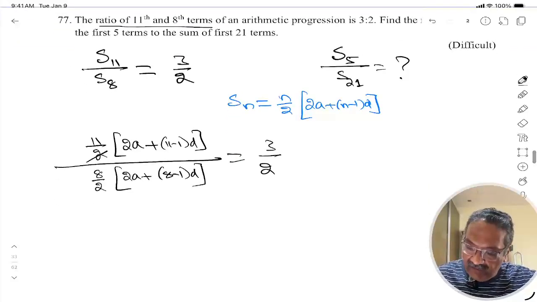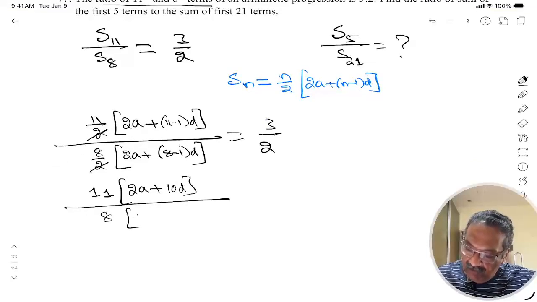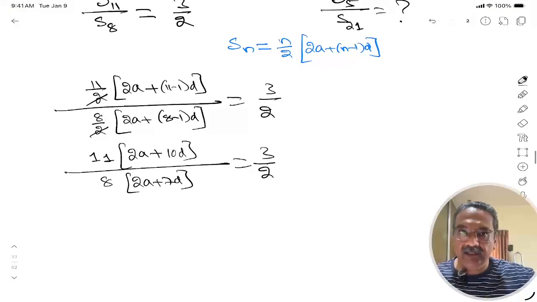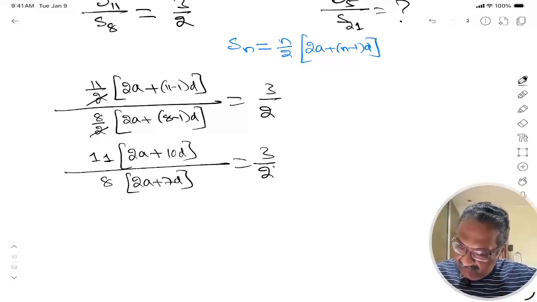Okay. Now I'll cancel this 11 and this 11. So we've got 11 into (2a plus 11 minus 1, that is 10d) divided by 8 into (2a plus 7d) is equal to 3 by 2. Okay. So how can we do this? We'll simplify. 2 1s are 2, 4s are 8.